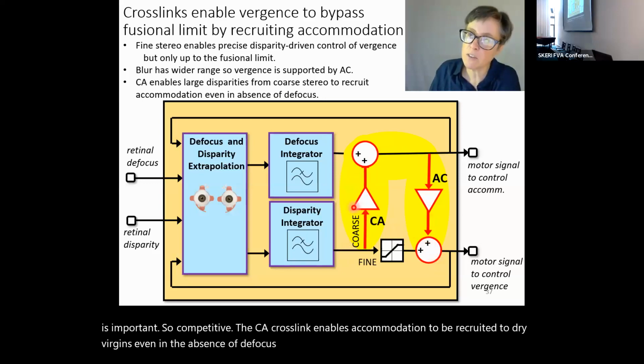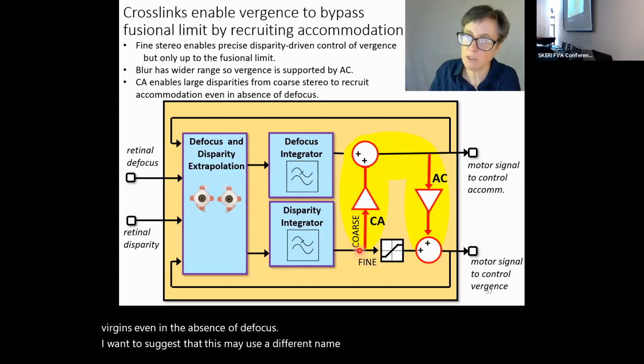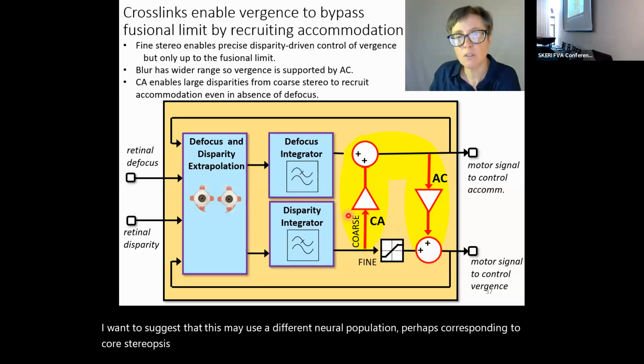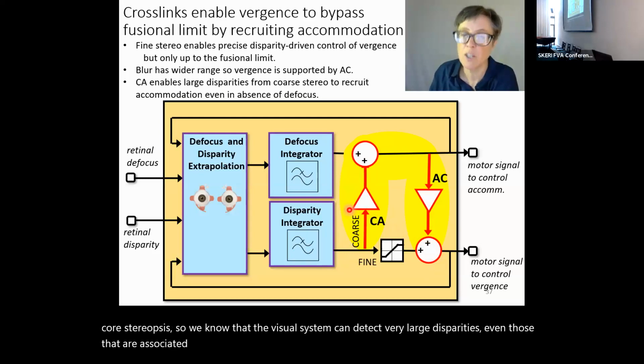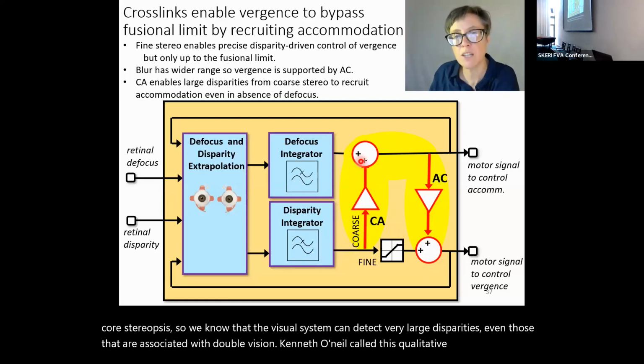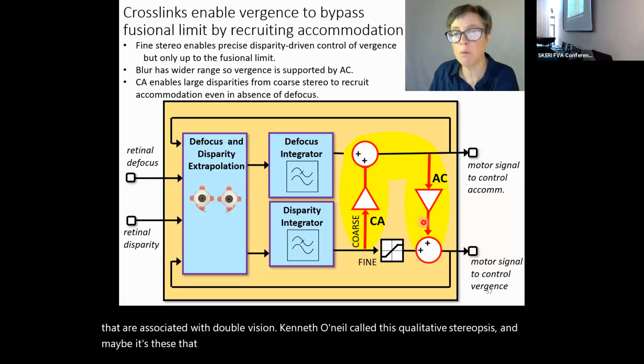And I want to suggest that this may use a different neural population, perhaps corresponding to coarse stereopsis. We know that the visual system can detect very large disparities, even those that are associated with double vision. Kenneth Ogle called this qualitative stereopsis. And maybe it's these that enable the bypass of the fusional Vergence limit.